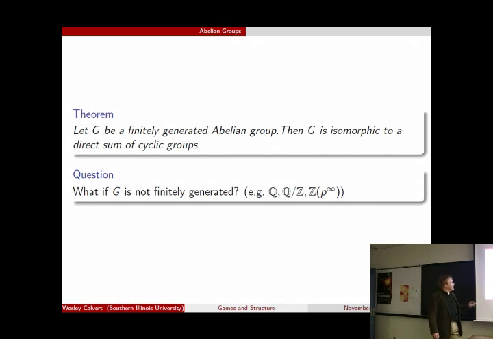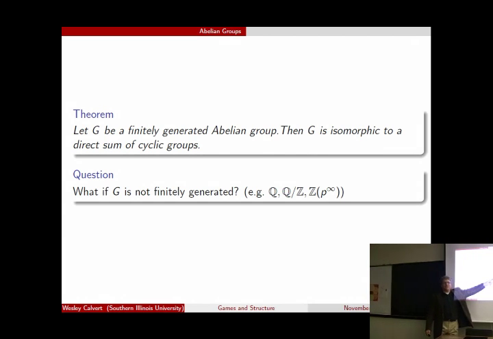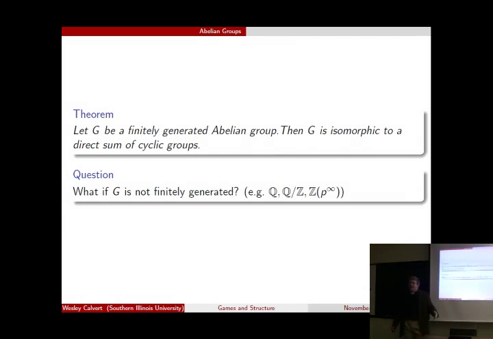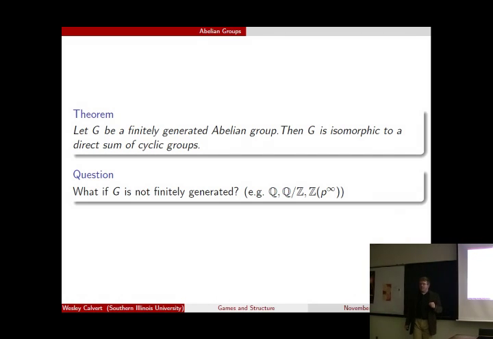But among non-finitely generated abelian groups, there are some noticeable ones. There's the rationals. There's rationals mod Z. There's the Prüfer group. The Prüfer group in particular will show up several times later on.